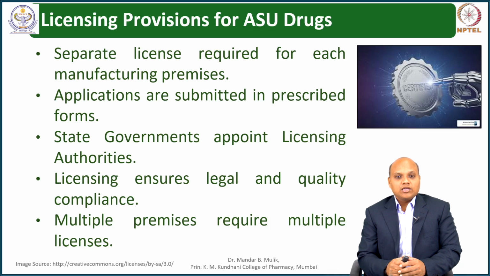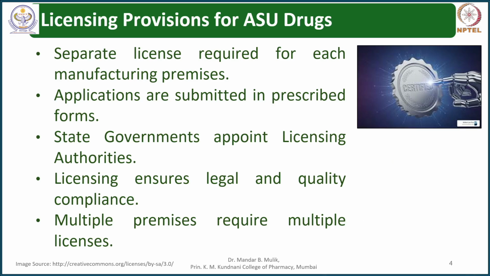Licensing ensures legal and quality compliance for all such products. Multiple premises require multiple licenses. For example, if a producer has units in different locations, then each location requires a separate license, and the authority needs to give a different certification for each location.